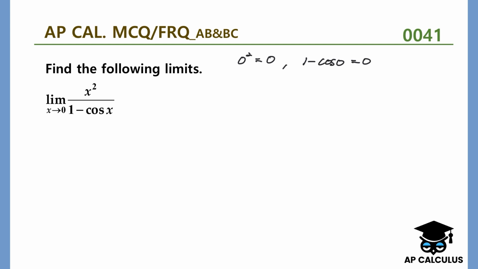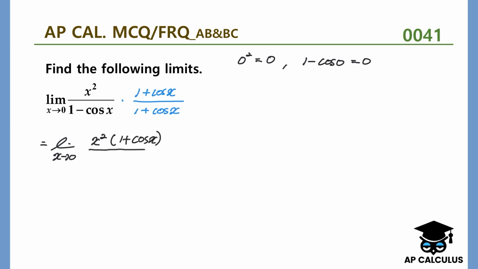So we're going to multiply 1 plus cosine x in the numerator and denominator. Then we have the limit as x approaches 0 of x squared times (1 plus cosine x) over (1 minus cosine x) times (1 plus cosine x), and that's 1 minus cosine squared.